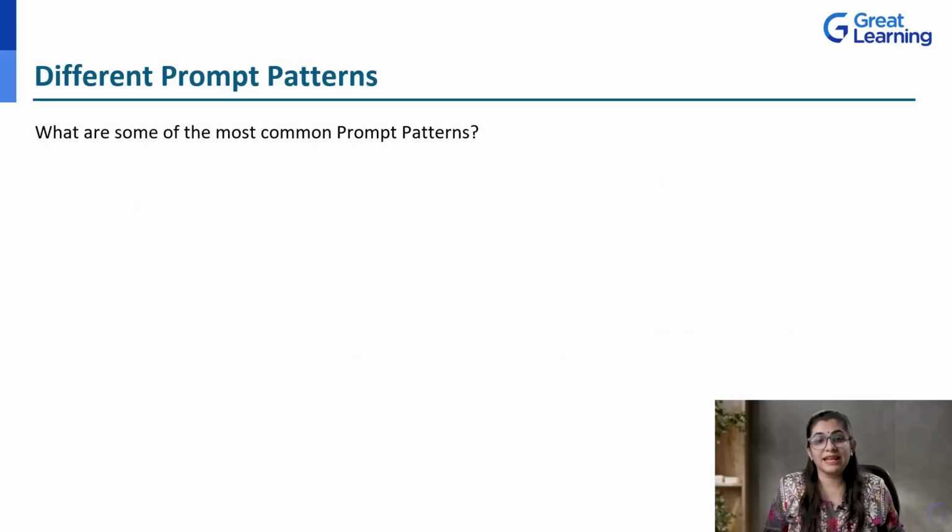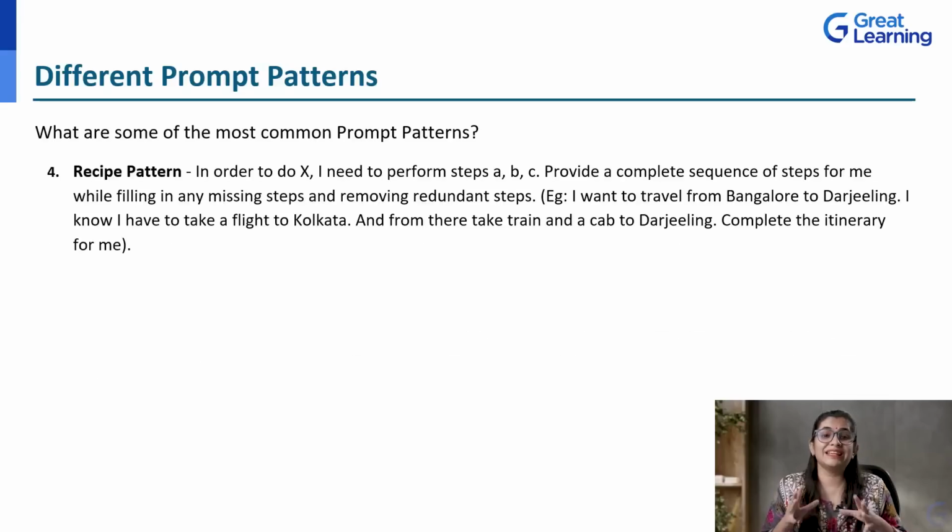Now let's see the next pattern, the recipe pattern. For example, you want to do an X task, but to perform this X task there are steps or subtasks A, B and C. So I want ChatGPT to generate a complete itinerary for me if I'm traveling from Bangalore to Darjeeling, and from there I can take a train or a cab.